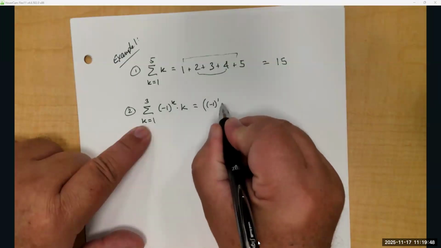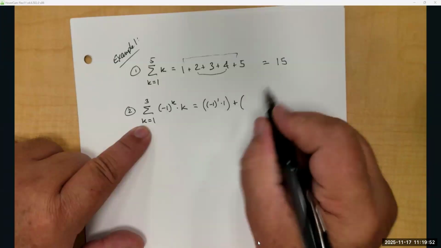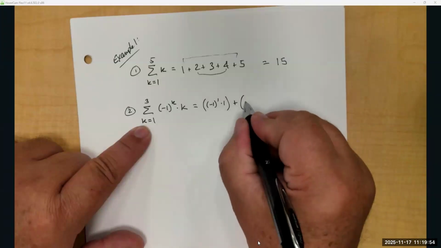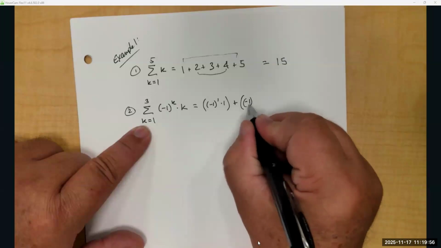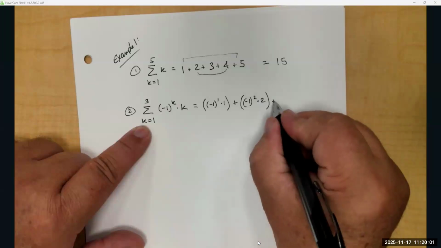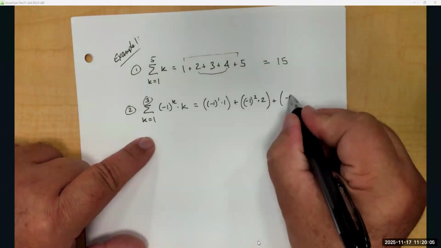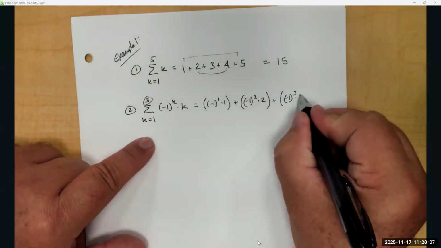Negative 1 to the power 1 times 1, plus the index, go to the next one. Negative 1 to the power 2 times 2. I keep on going until I get to 3. Negative 1 to the power 3 times 3.